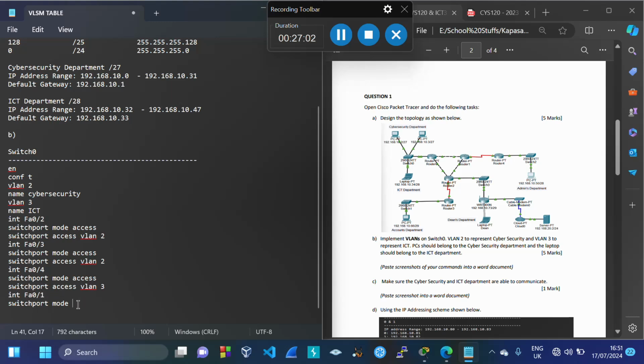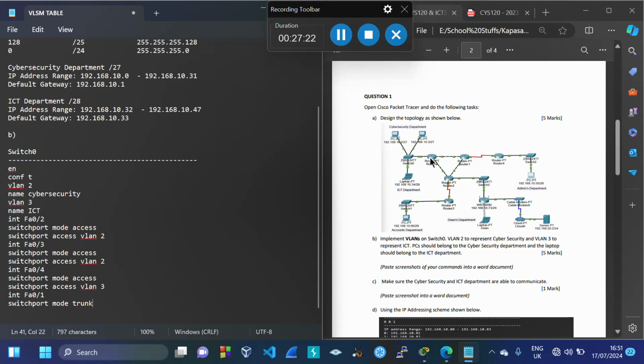Then this interface is supposed to have a trunk, because we want this line to accommodate more than one IP address, such as 2 default gateways, for us to make sure that cyber security and ICT department are able to communicate.